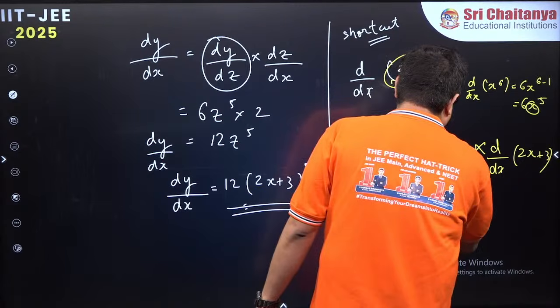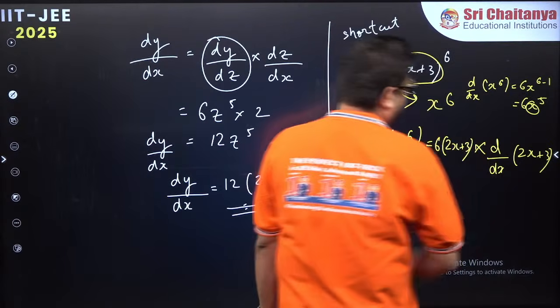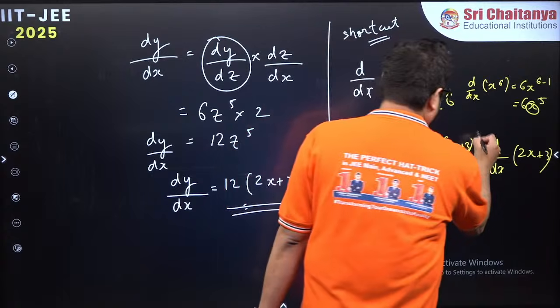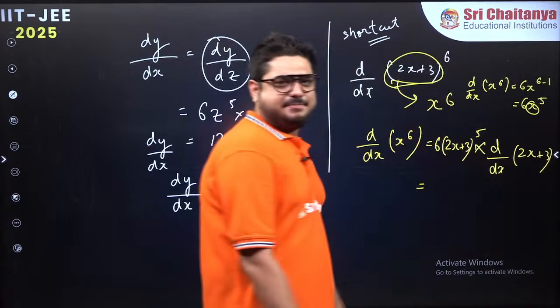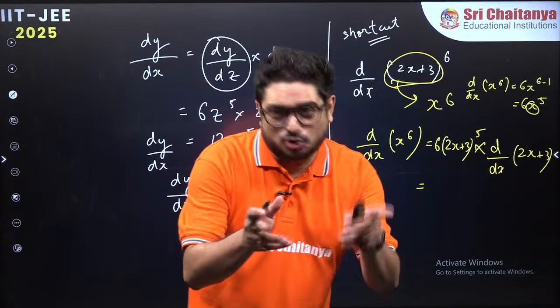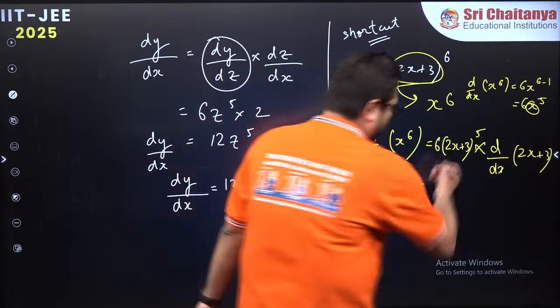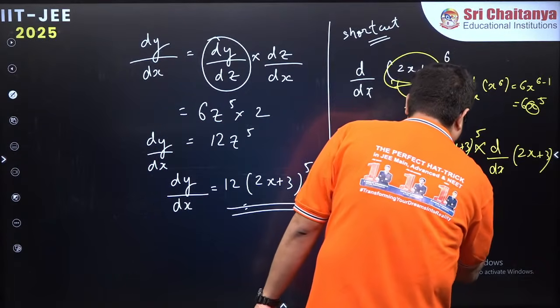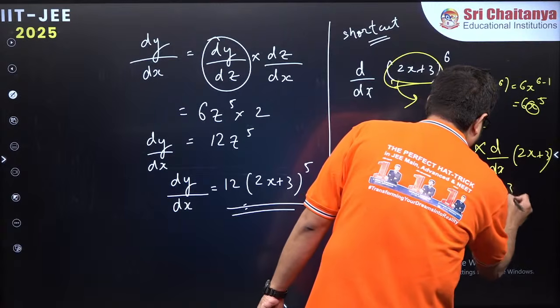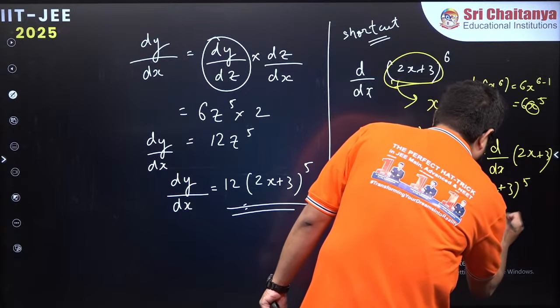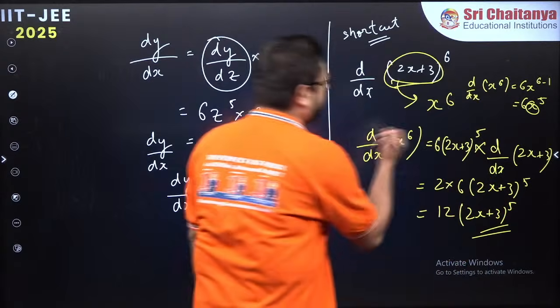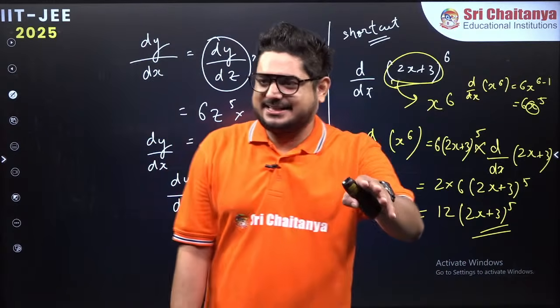This has 6 into (2x plus 3) to the power 5. So what will I be getting? The same thing, d by dx of 2x plus 3, you will be getting it as 2. So once again, 2 into 6 into (2x plus 3) whole to the power 5. As a result, I will be getting 12 (2x plus 3) whole to the power 5. This is the shortcut. You treat it as x.